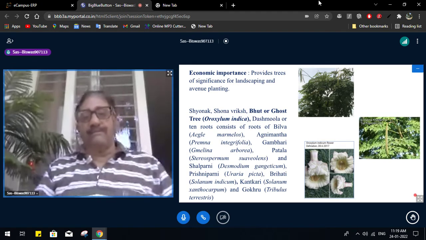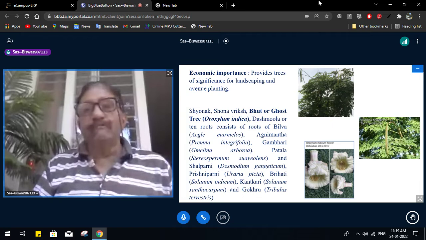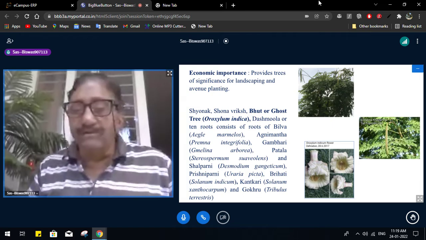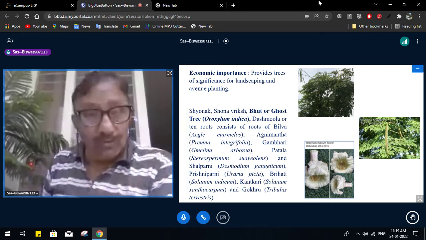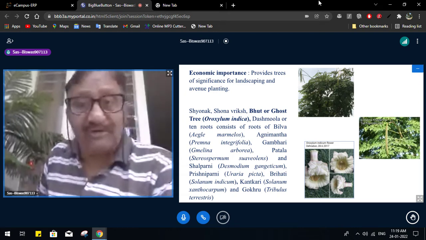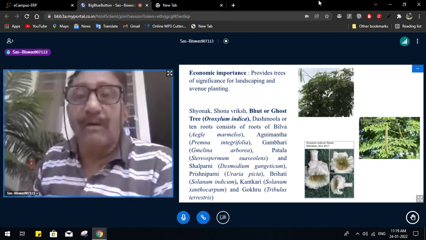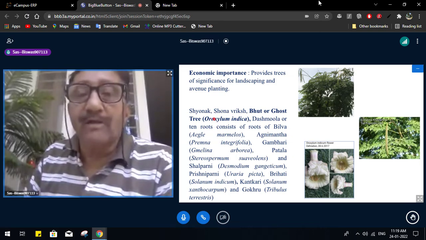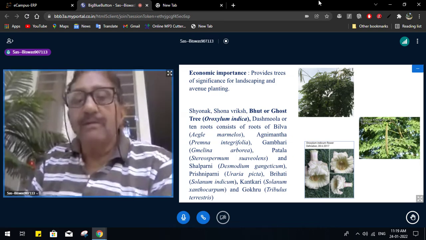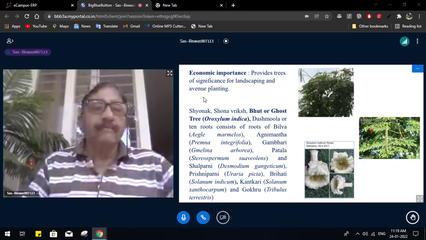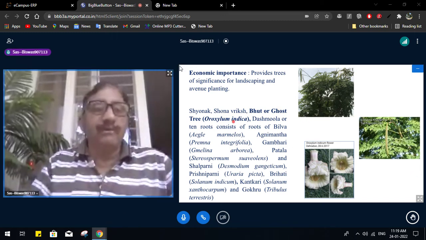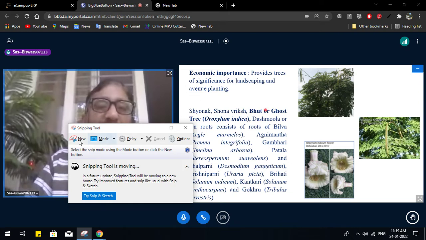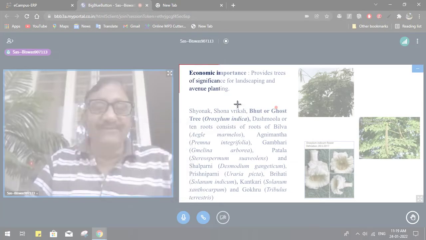Then, this is the most important one, and this is also for you to know the medicinally important trees. Oroxylum indicum, it goes by the name of Shyonaka, or we call this Shona, or also the ghost tree.